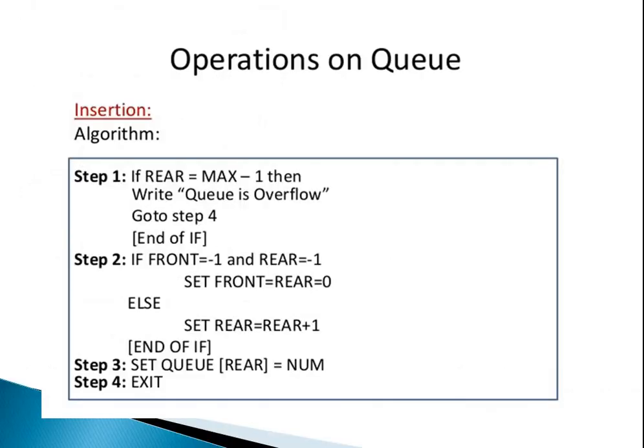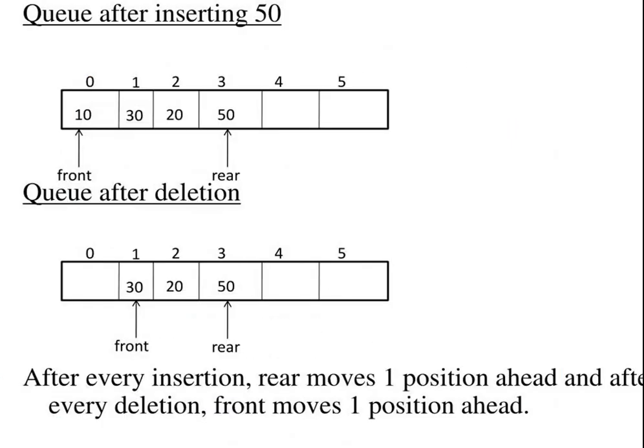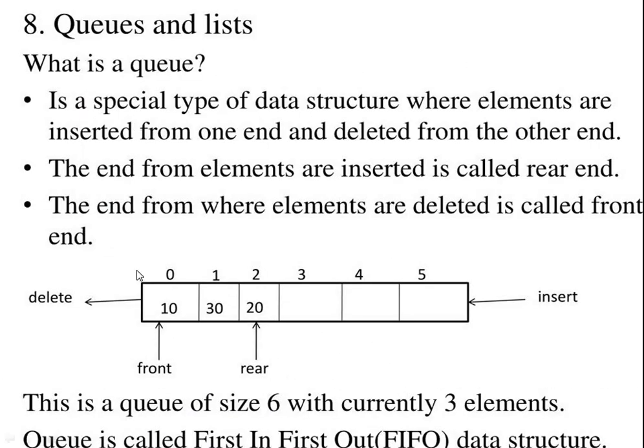Now you can see the operations on the queue. The first operation is the insertion operation. Step number 1: if rear equals max minus 1. Max minus 1 means, for example, in this example the indexes are 0 to 5, with 6 elements in total. If rear is max minus 1, then the element has been added till 5.